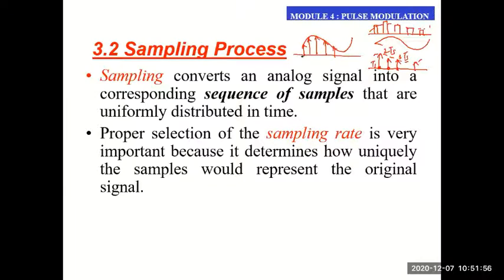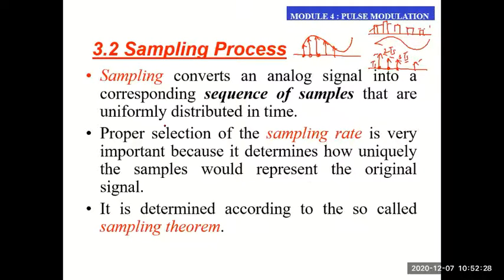Though I can represent the original signal using these samples, the rate at which we sample becomes very important in checking whether the given samples are representing the original signal correctly or not. If you don't sample at the right rate, you're going to lose the actual content of the original signal. It is determined according to the sampling theorem. So for us to understand the sampling theorem, let us consider the following model.